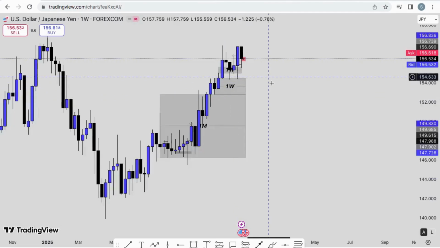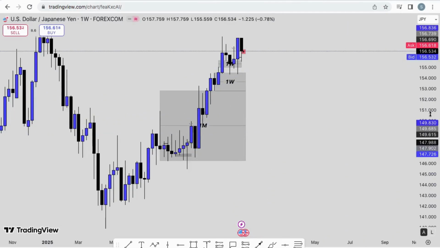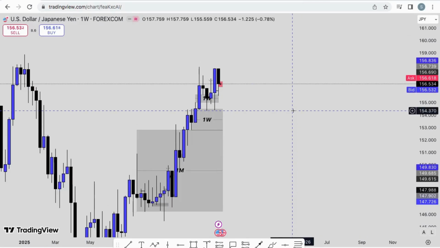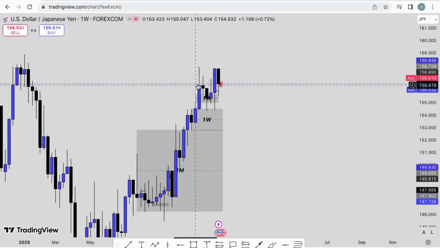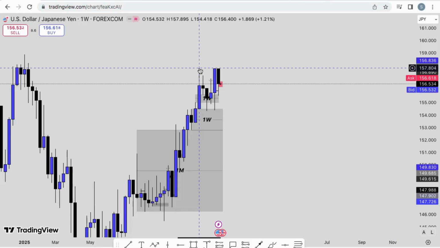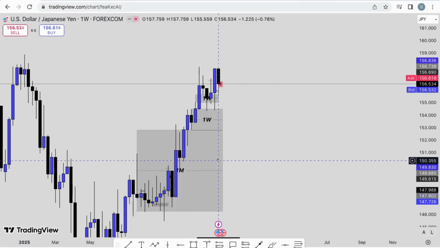On the weekly time frame here, we look for the body closure of this high. And how do we get that? We either switch our chart to the line chart, or we take the body closure of these candles. So now the close of this candle is going to be 156,400.